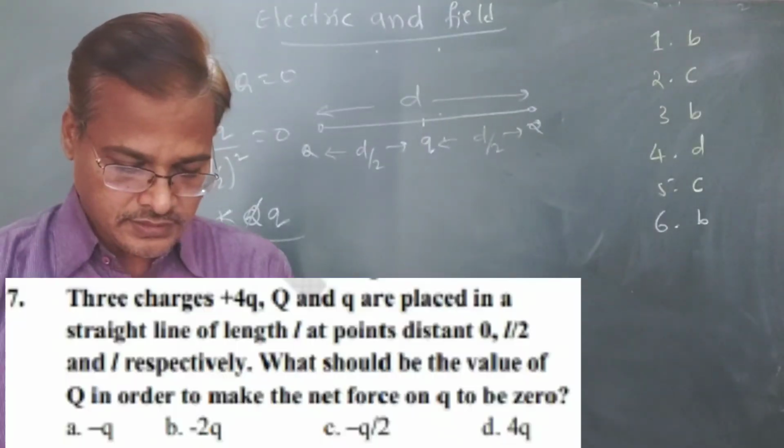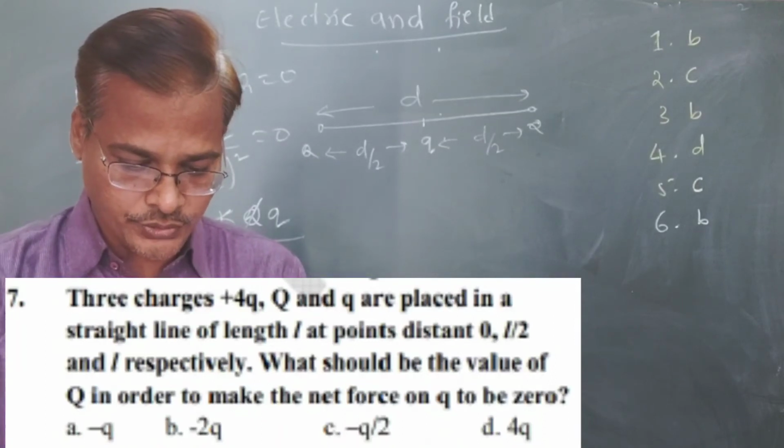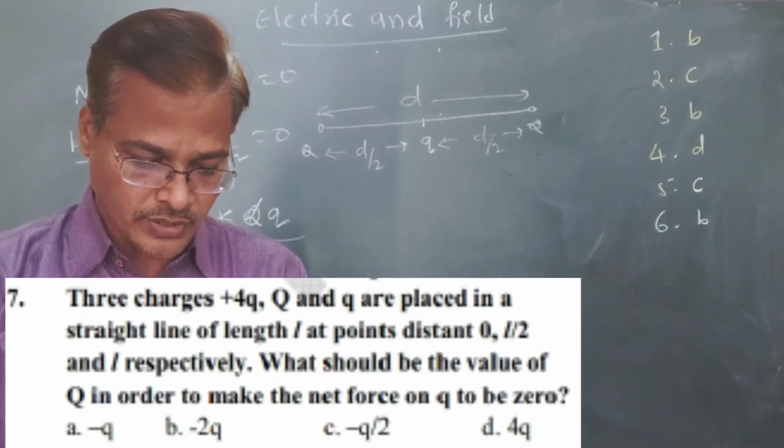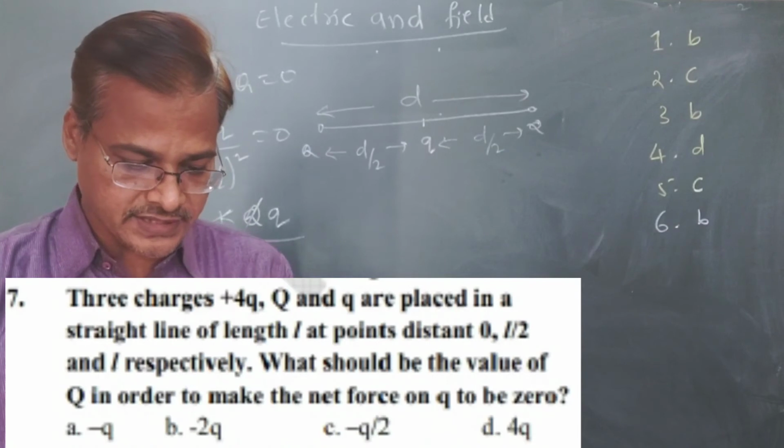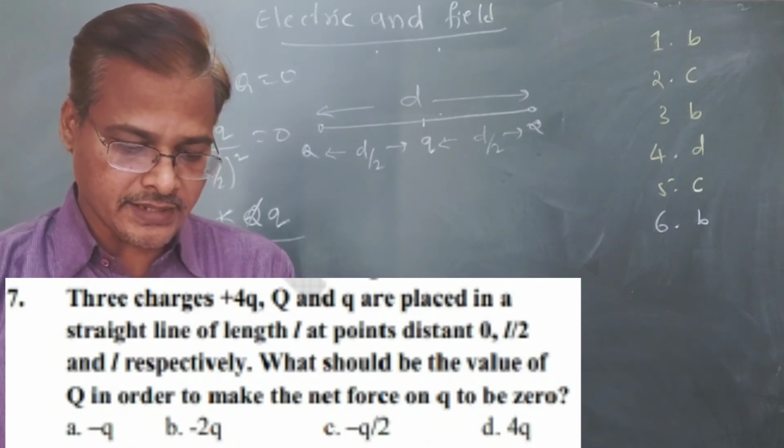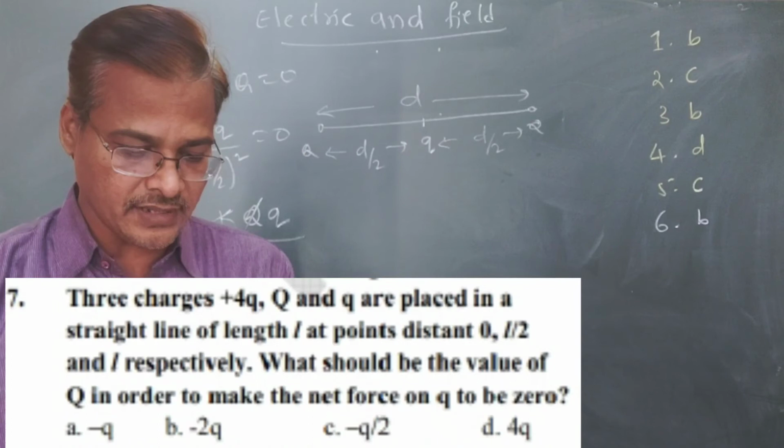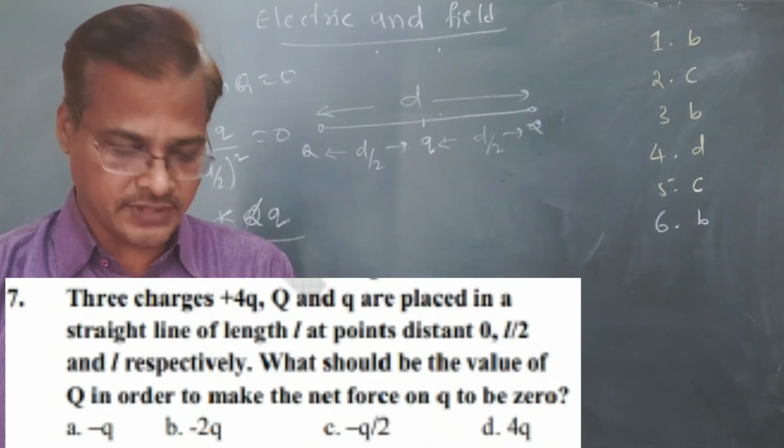Seventh: three charges plus 4q, capital Q and small q are placed in a straight line of length L at points 0, L by 2 and L respectively.